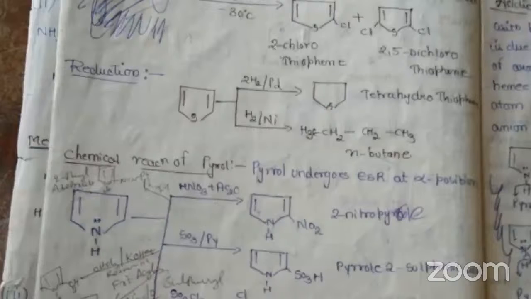Then thiophene is also involved in reduction in the presence of palladium as well as nickel. In the presence of palladium, only the double bond is involved in the saturation, and it is converted to tetrahydrothiophene.